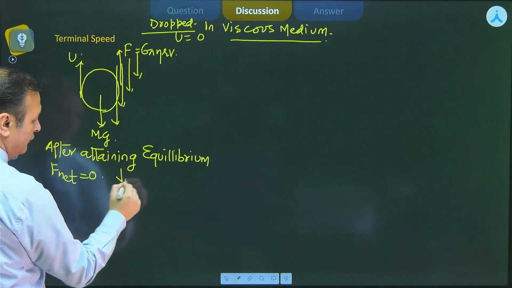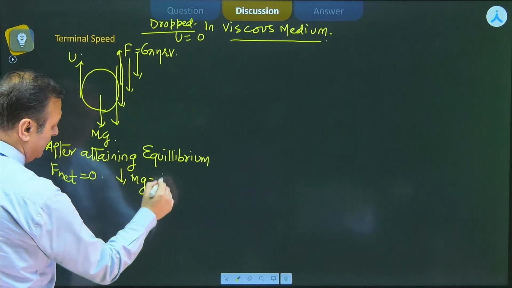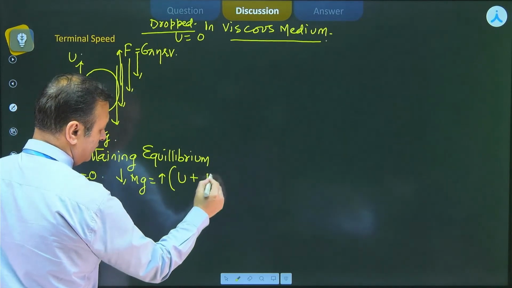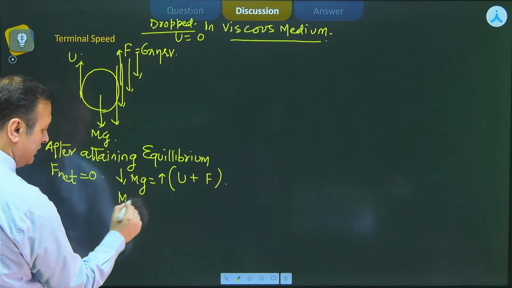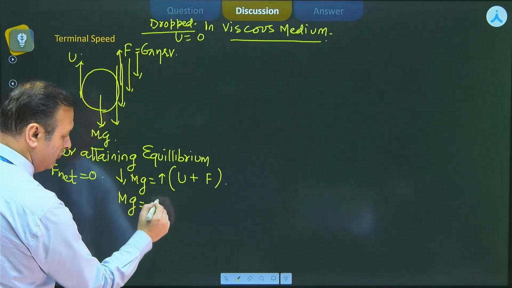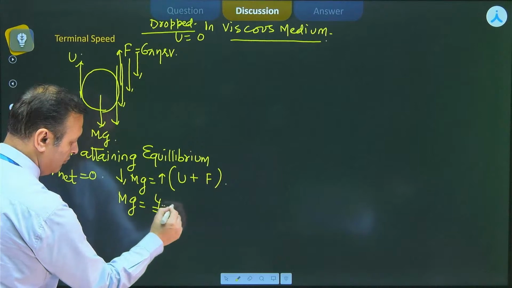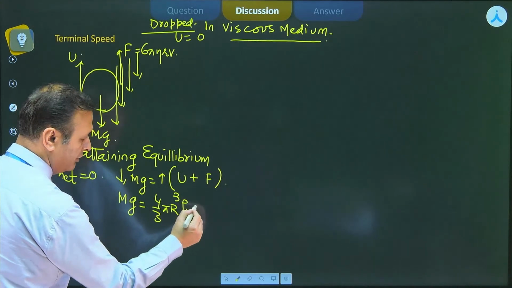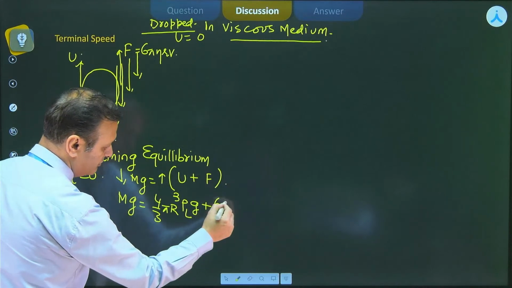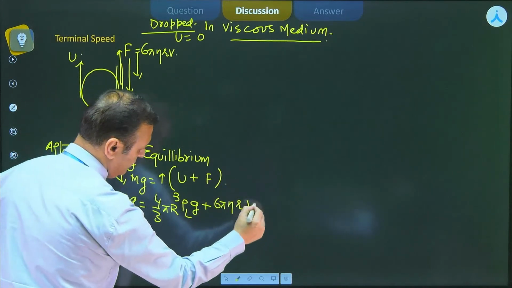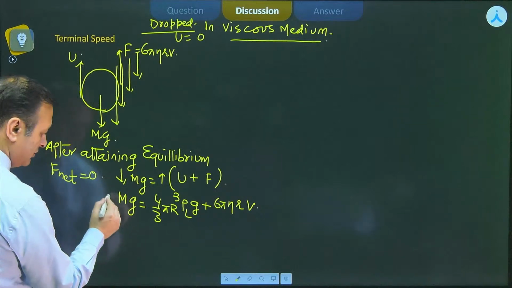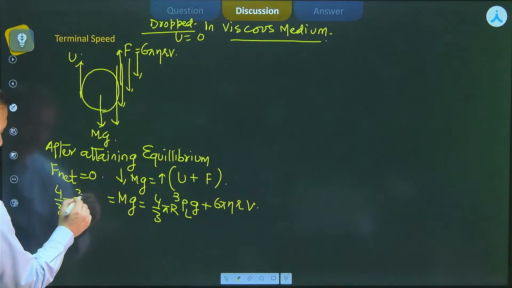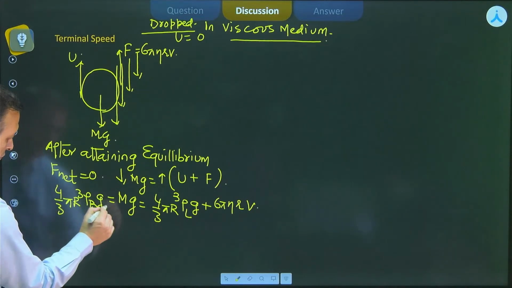So the downward force, weight, is balanced by the upward forces, that is upthrust plus viscous drag. So mg equals the volume of the spherical body, 4 by 3 pi r cube, times density of liquid into g, plus 6 pi eta r v. And this mass can also be written as 4 by 3 pi r cube times density of body into g.